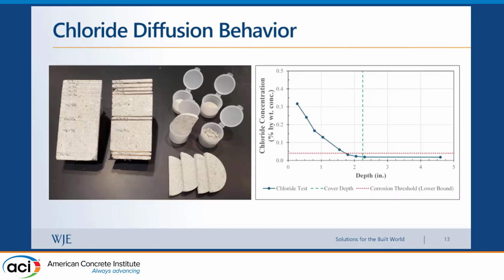We also look at the chloride concentration at the bar depth and compare that to the chloride threshold to learn more about the probability of corrosion initiation at that location. So there is a lot that we can learn from those chloride profiles, and this is why it's important to collect enough cores to be able to capture the variability that you expect over the surface area of your structure.